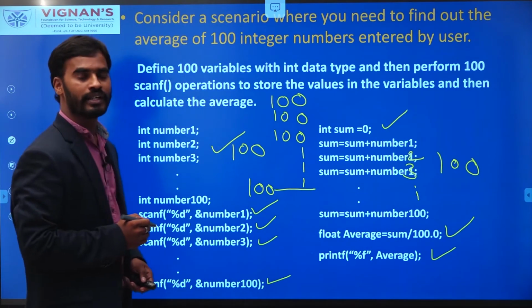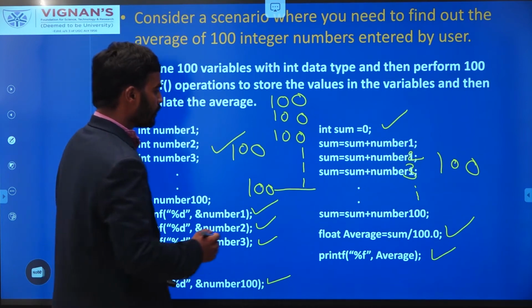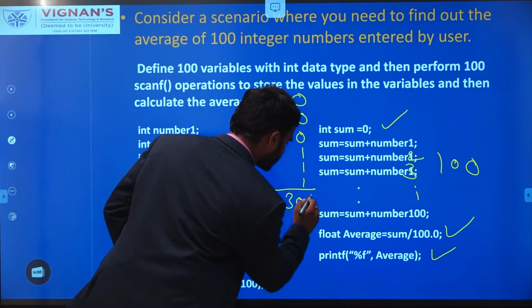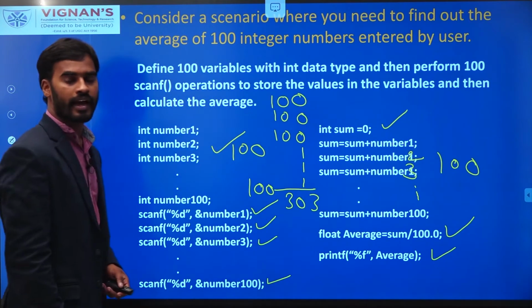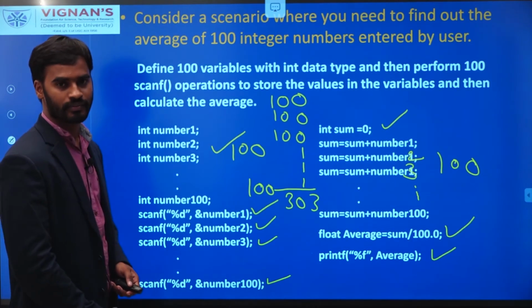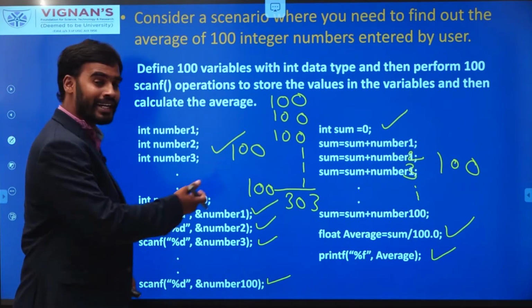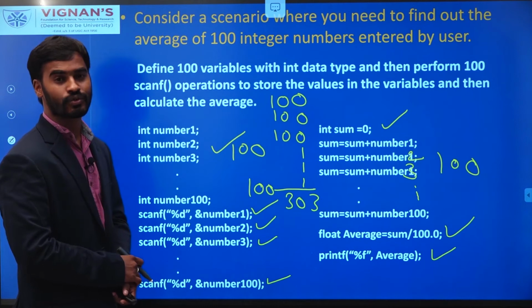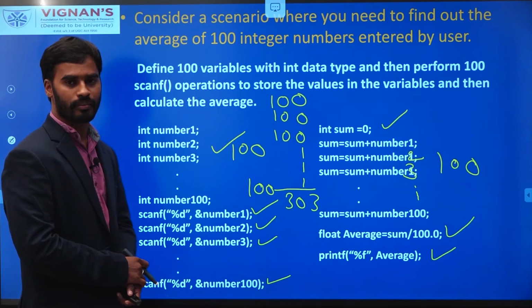So in total, you need to write 303 statements to find the average of 100 numbers.